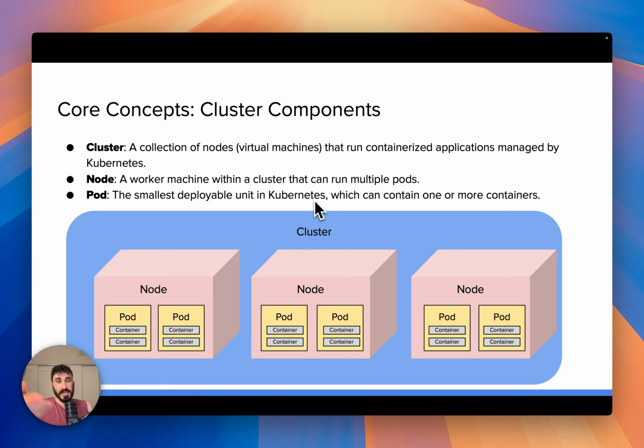A node is a worker machine within a cluster that can run multiple pods. And a pod is the smallest deployable unit in Kubernetes, which can contain one or more containers. I've got the diagram here, which lays it all out. We've got the cluster. The cluster can have multiple nodes. Each node can have multiple pods, and each pod can have one or more containers.